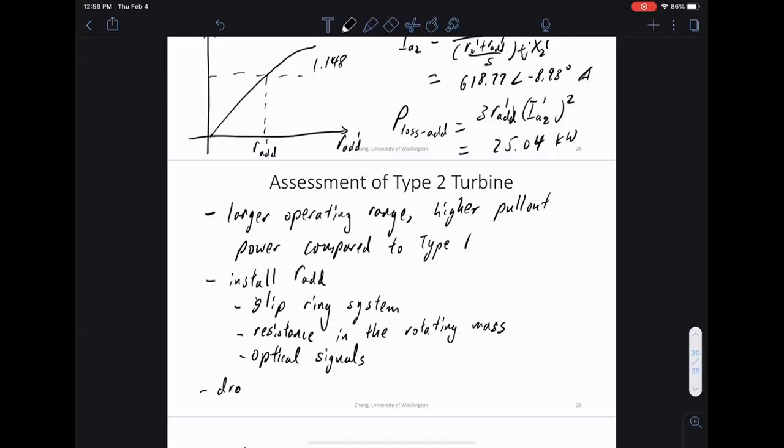Of course, there's a drawback. We still cannot generate reactive power.